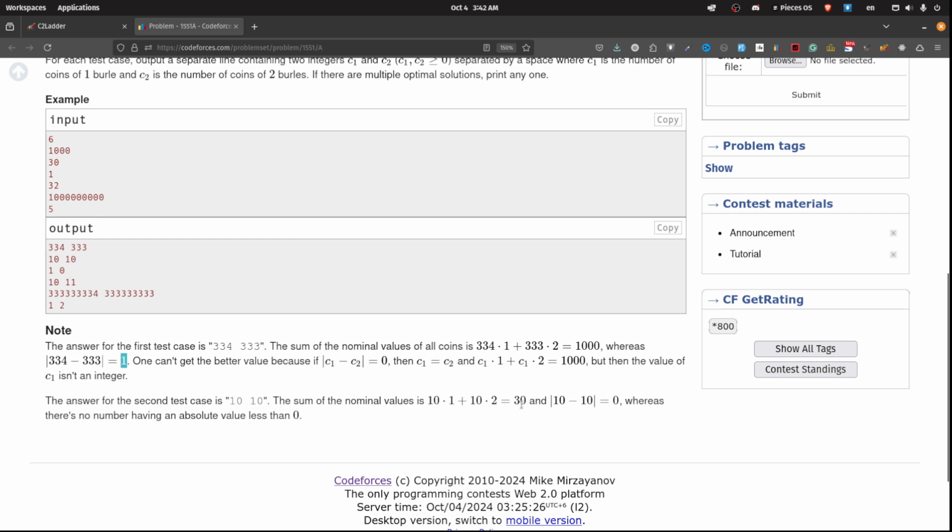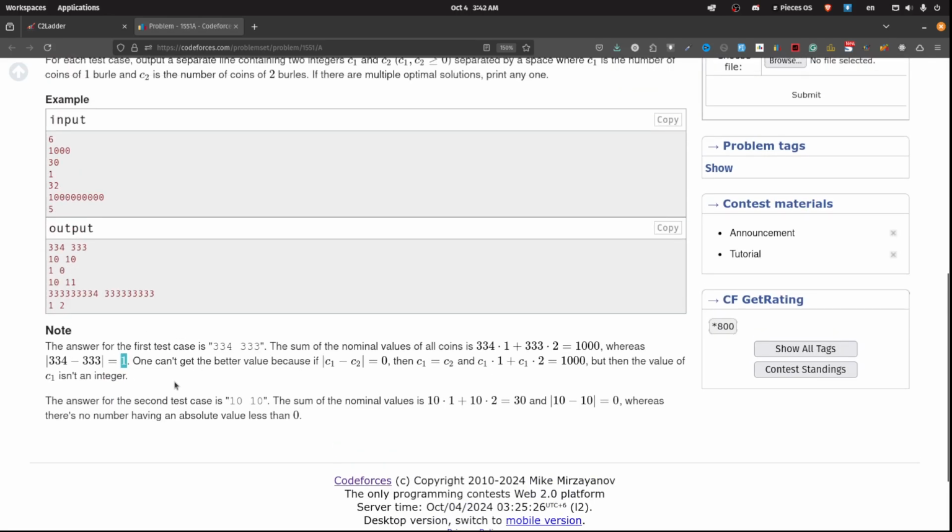That's right. And the absolute difference between them is equal to 0. There's no number having an absolute value less than 0, so this is the minimum difference.